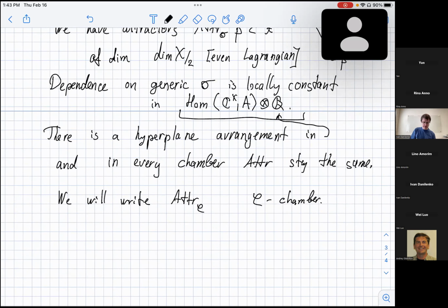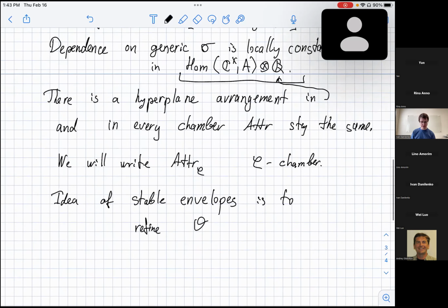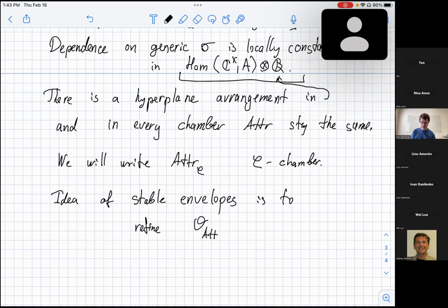Okay, going back to the example. Before that, let me say how it is related to the stable envelopes. So the idea of stable envelopes is to refine the class of the structure sheaf of the attractor to a point.